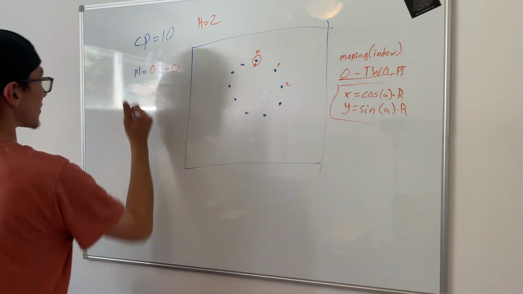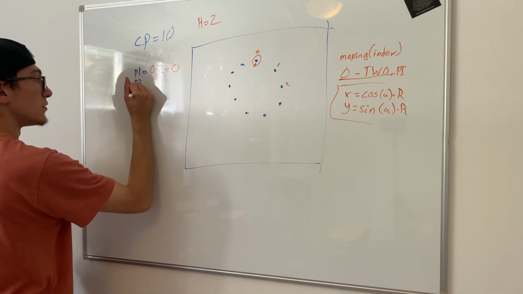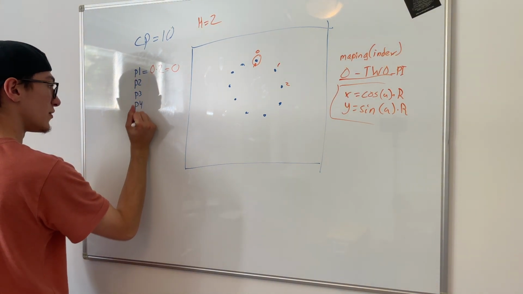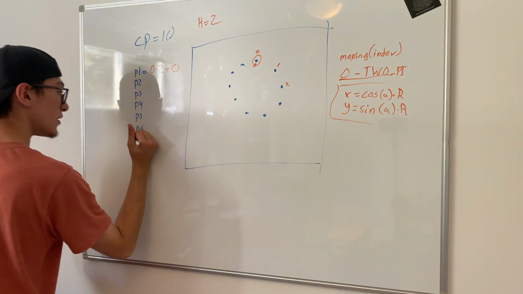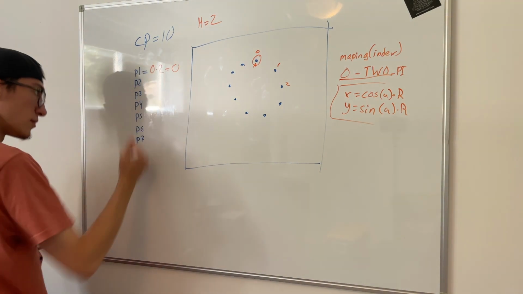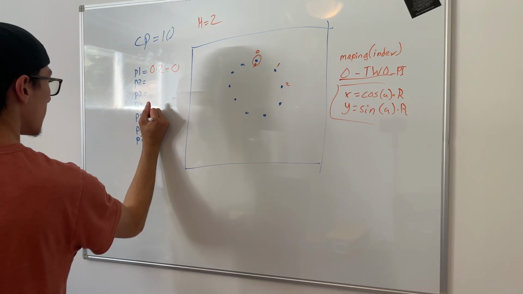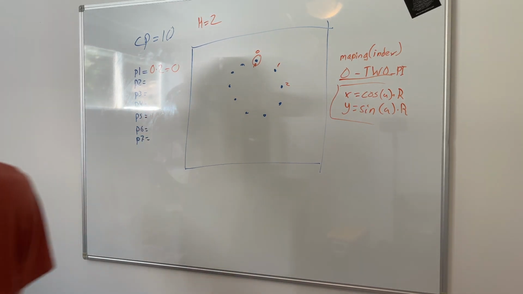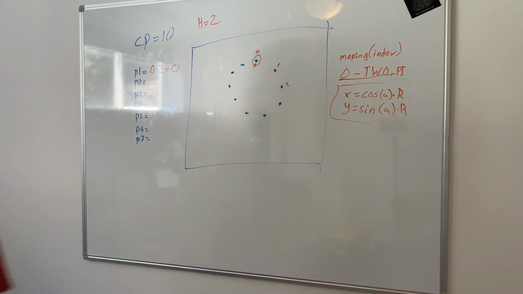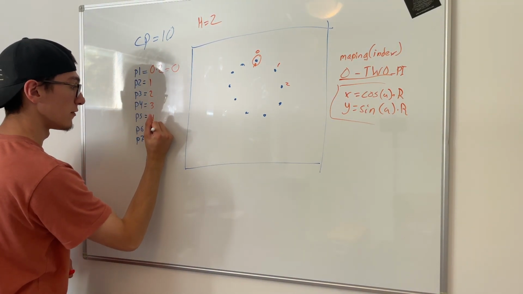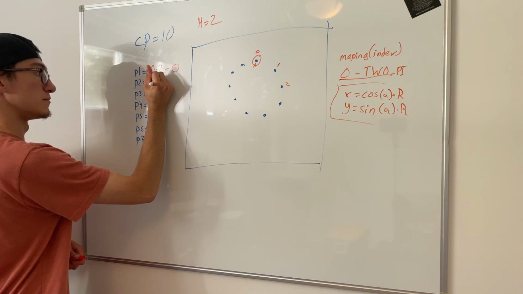So let's do it, right? So P2, P3, P4, P5, P6, P7, so on. We'll do it for those. Right, so here we have 1, 2, 3, 4, 5, and 6.